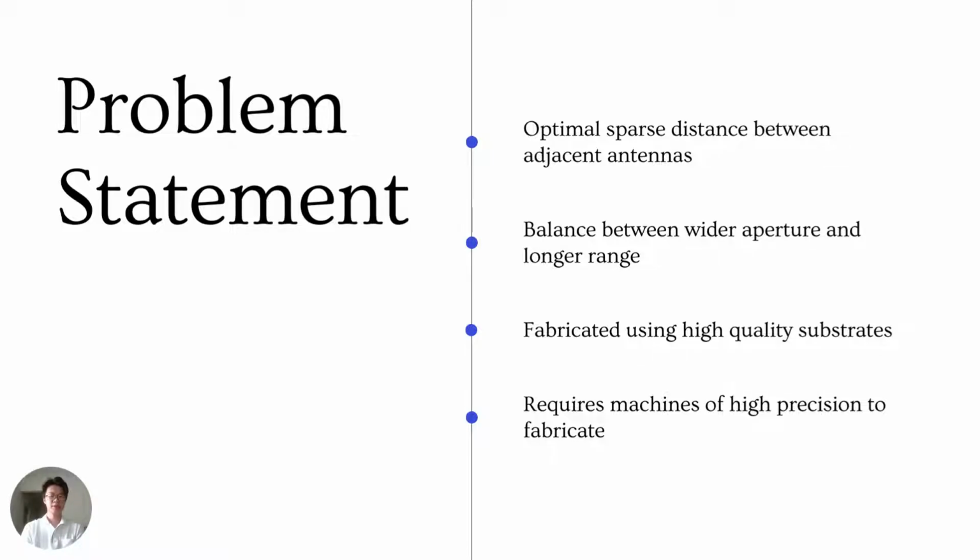And then usually these radar components are fabricated using high quality substrates, like Rogers Duroid or Taconic, because of their very low dielectric density. And lastly, they require machines of high precision to fabricate or mass produce, as the shapes are very small and precise.